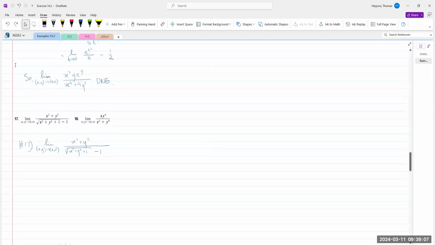But if we have radicals, things like this, try to multiply by the conjugate first on the numerator and denominator in case something cancels. By the conjugate, I hope you understand what a conjugate is. At this point, you are in Calc 3.